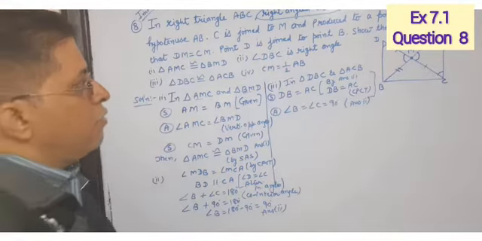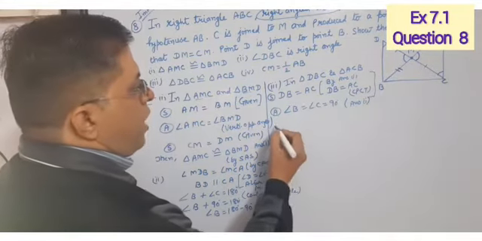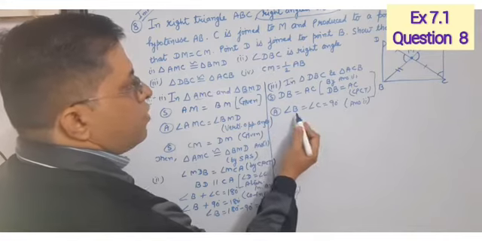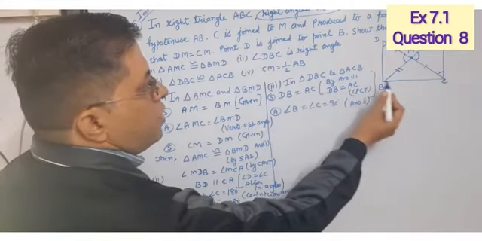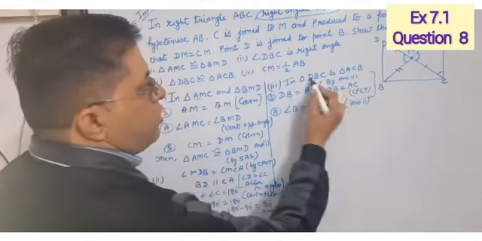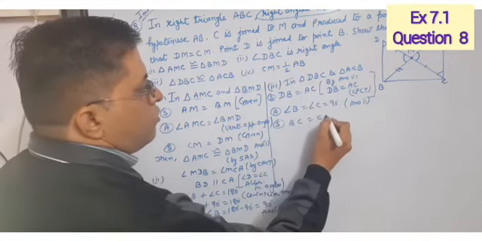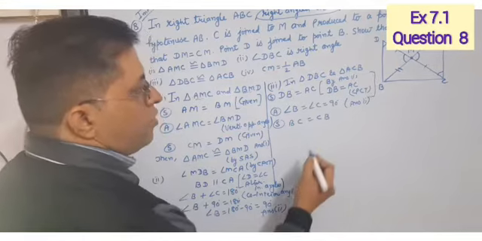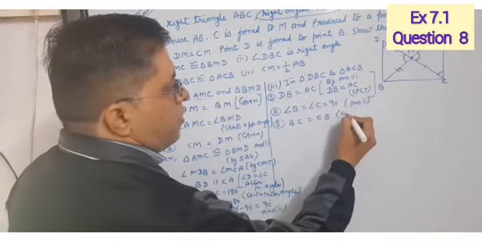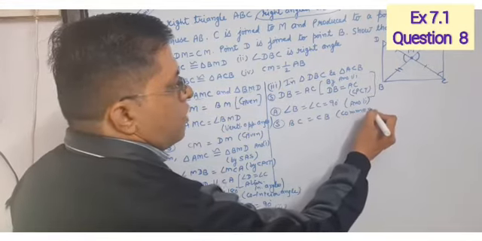And what is the third one? Third one I am taking here: BC and here CB. It means this is the common side for these two triangles. So BC will be equal to CB. I can write here common side.